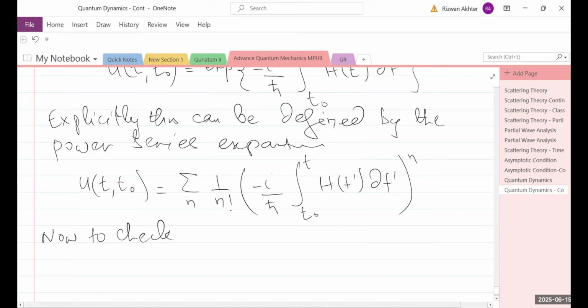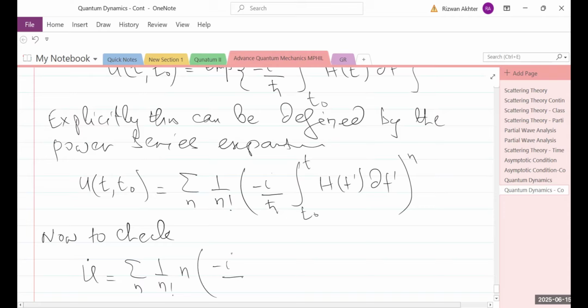डेरिवेटिव लेंगे. डेरिवेटिव ऑफ दिस it would be u dot, which is equals to summation over n, 1 upon n factorial. Then again we would have n as the coefficient.